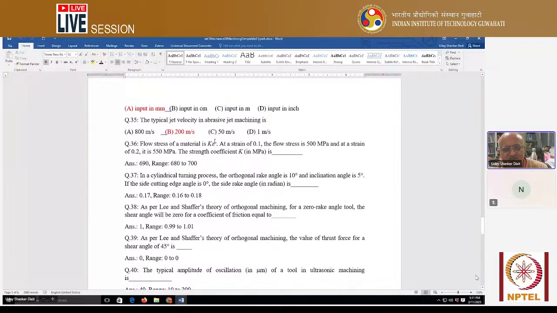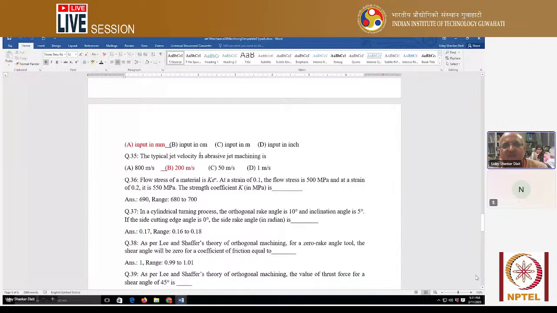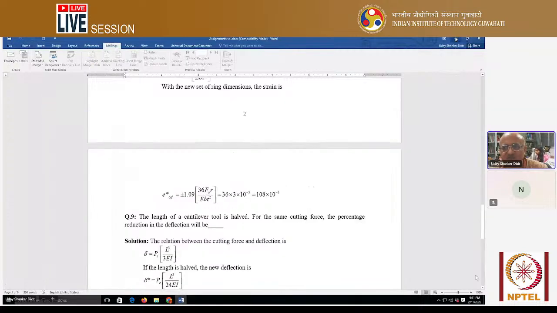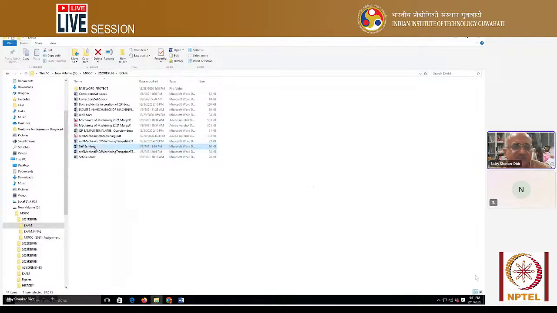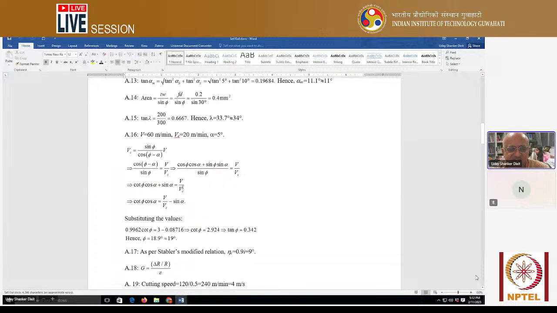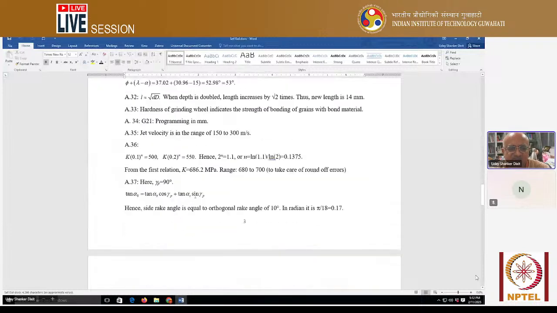You can do it in many ways. Either you take the logarithm of both sides, so you get straight line equation type of thing, or you can just find the ratio. If such a type of problem is there, you have to follow some procedure. For example, this is set 1, question number 36.